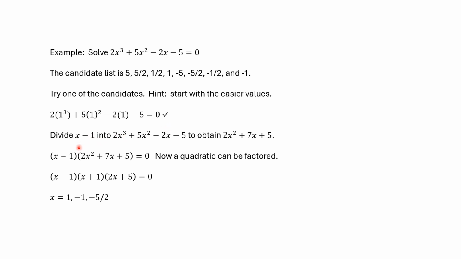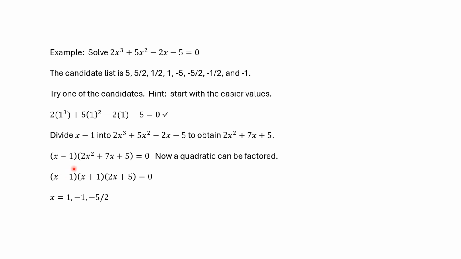So 1 is a solution of the polynomial, and x minus 1 is a factor. So I would divide x minus 1 into the polynomial, and I would end up with 2x squared plus 7x plus 5.